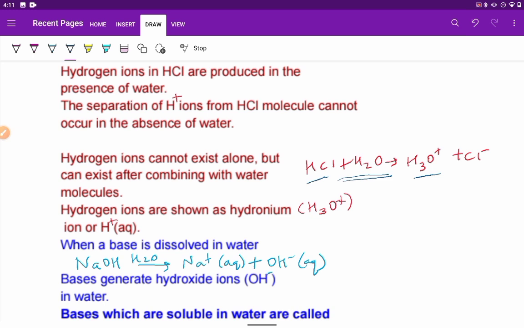Similarly, when a base is dissolved in water, as we see in case of sodium hydroxide NaOH, NaOH in water produces Na plus and OH minus, Na plus aqueous and OH minus aqueous. Similarly, KOH will produce K plus and OH minus. One more equation we can see.